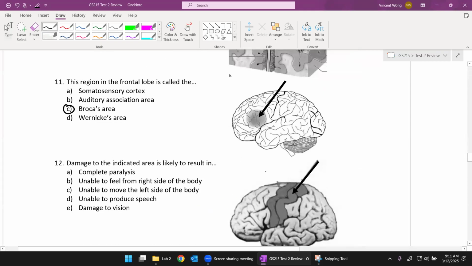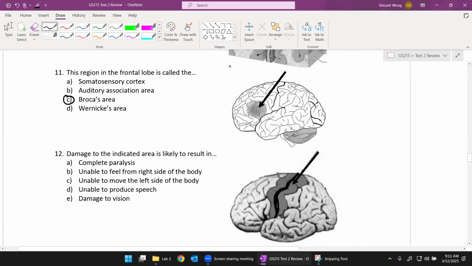Damage to the indicated area is likely to result in... So I highlight there are two parts here. There is the central sulcus, and the arrow is clearly pointing at the one behind the central sulcus. So you are going to be unable to feel the right side of the body because this is the left half, right? It's not the movement, okay?